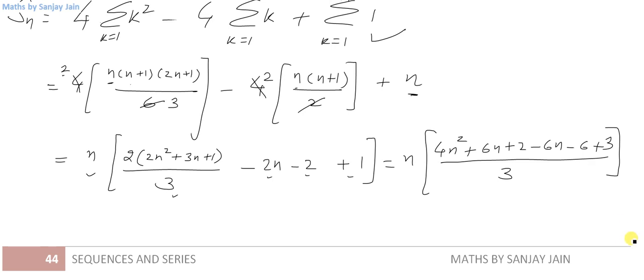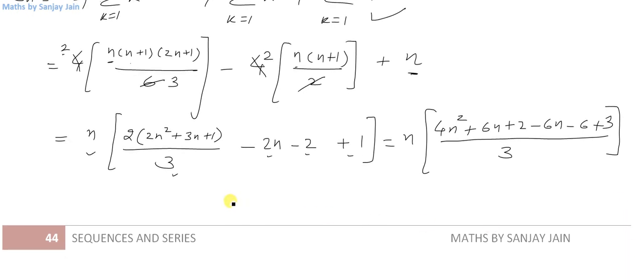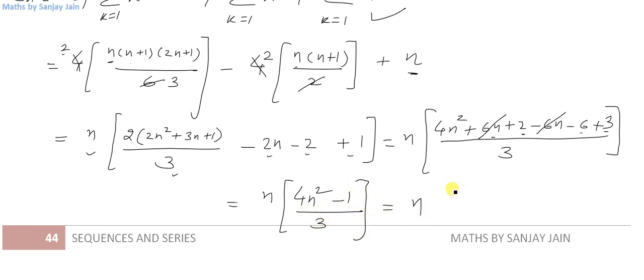So this is equal to n into 4n squared, and the 6n and 6n got cancelled. 2 plus 3 is 5, minus 6, so minus 1, and divided by 3. This factorization is very simple. This is a squared minus b squared form, so I can write it as a plus b, that is 2n plus 1, and a minus b, that is 2n minus 1, and this thing divided by 3 is my final answer.